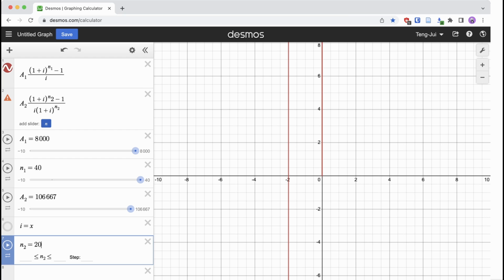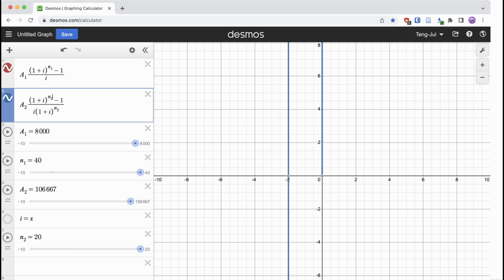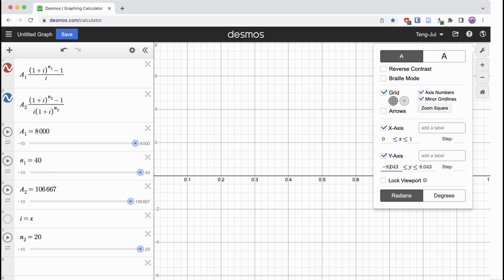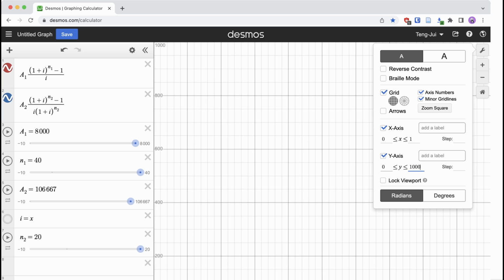And we want to find the intersection between these two. To do that, we can change the axes. So the interest rate should be between 0 and 1. The y-axis is greater than 0. And go and find the intersection. Maybe this is too large.